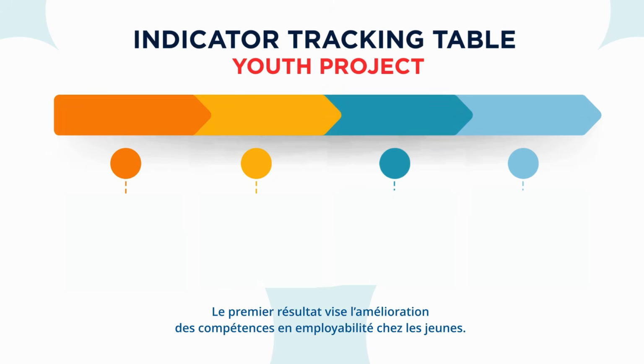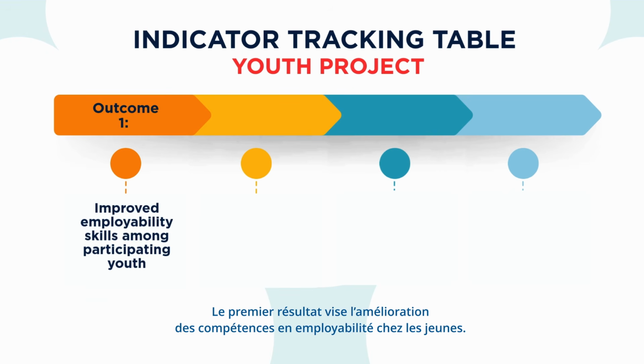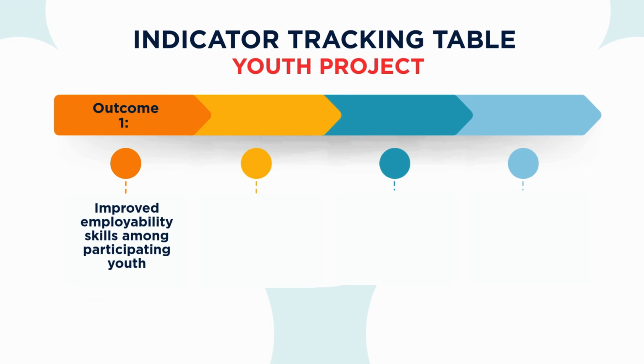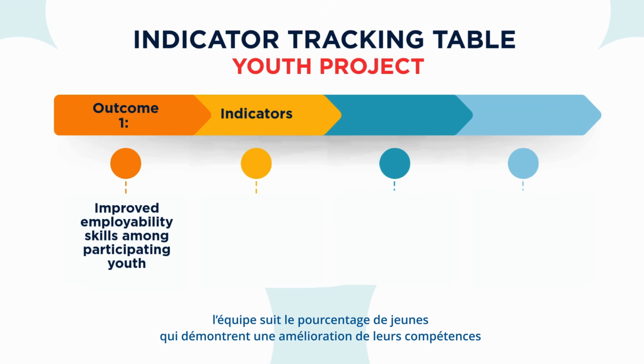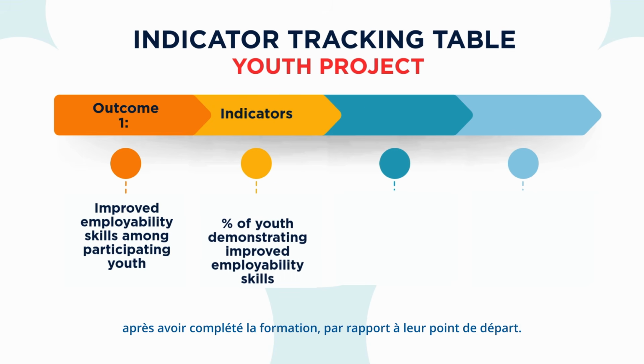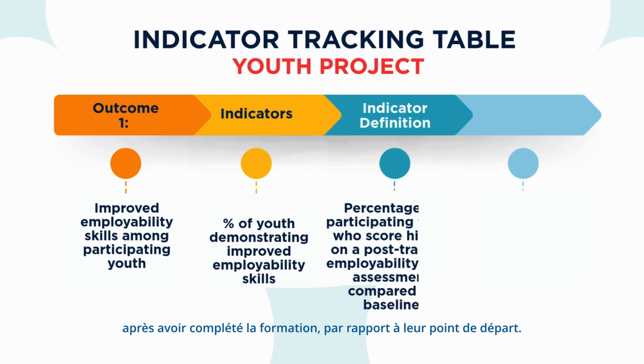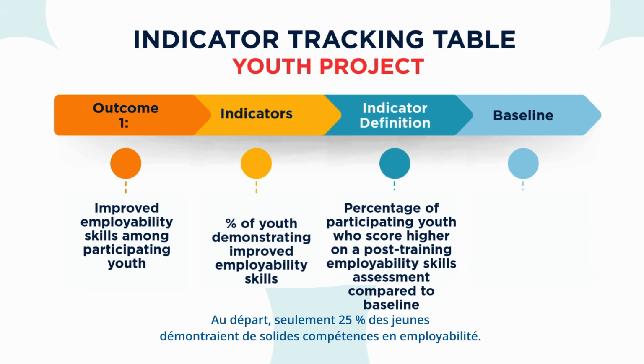The project has two key outcomes. The first outcome focuses on improving employability skills among youth. To measure this, the team tracks the percentage of youth who demonstrate improved skills after completing the training compared to where they started. At baseline, only 25% of youth showed strong employability skills.